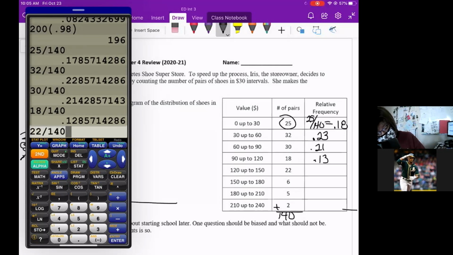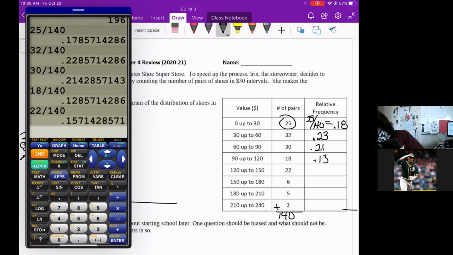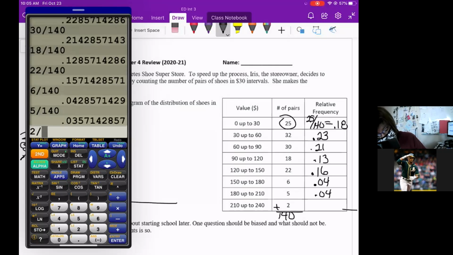22 divided by 140. 0.17. Because sometimes you're rounding up, sometimes you're rounding down. That's where it's going to kind of even out. 6 divided by 140. 0.04. 5 divided by 140. 0.04. 2 divided by 140 is 0.01.